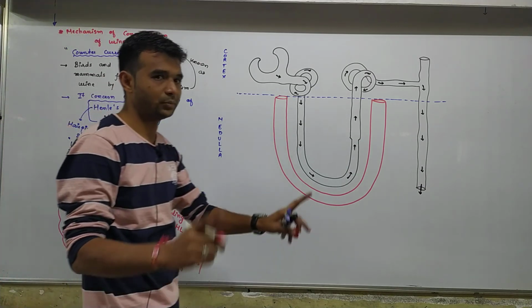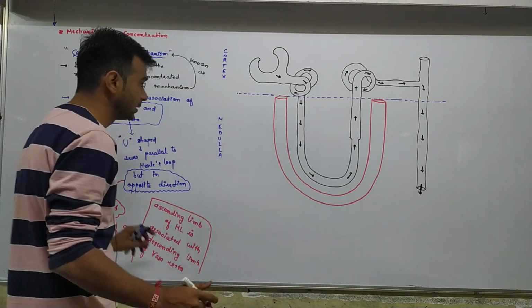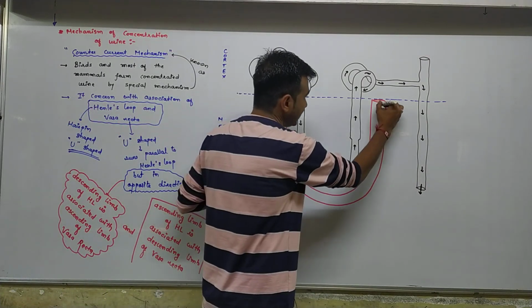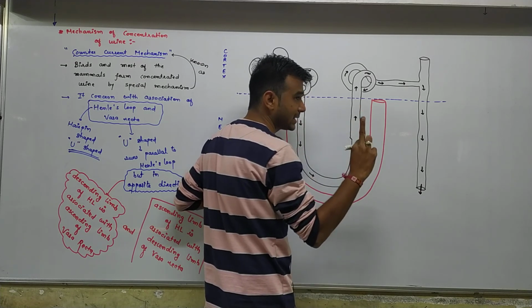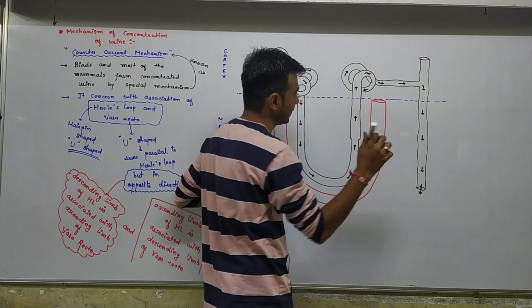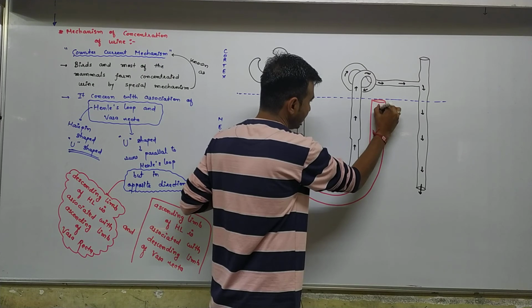But the most important thing is that in the vasa recta there is blood. For the vasa recta, remember we use the word blood. Blood moves in this direction.